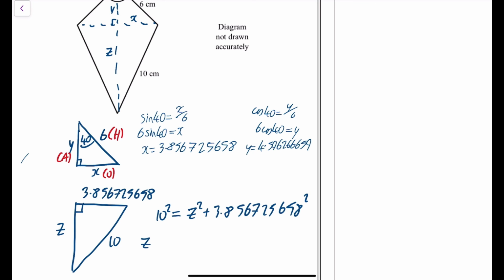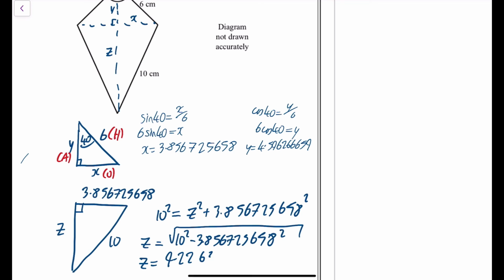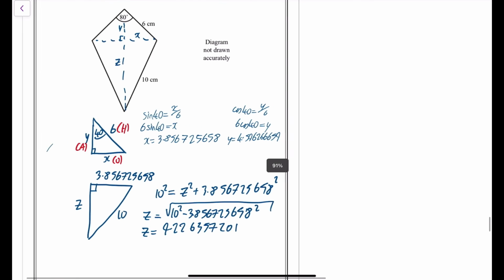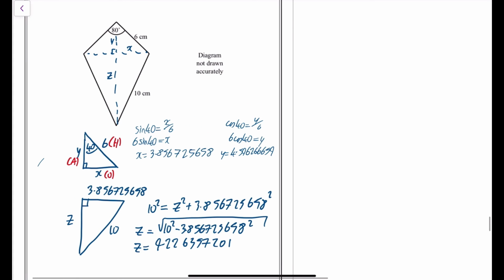So a wee bit of working out. Your z is going to be equal to the square root of 10 squared minus 3.856725658 squared. And a wee bit of working out, then your z works out to be 9.226357201.